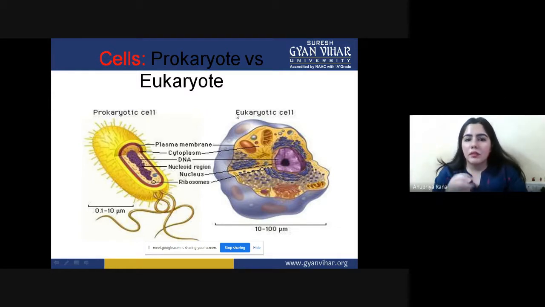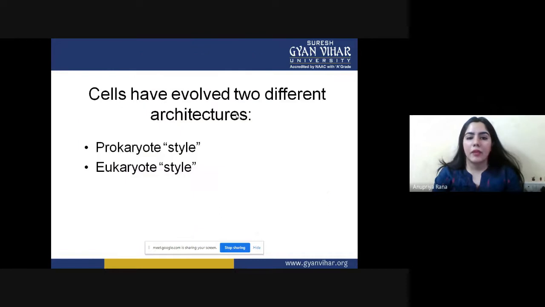So these are the two fundamental differences, or you can say just by seeing them, you can have an idea that these cells differ a great deal in their structural organization. So basically, the architecture of all the organisms has these two remarkable types.